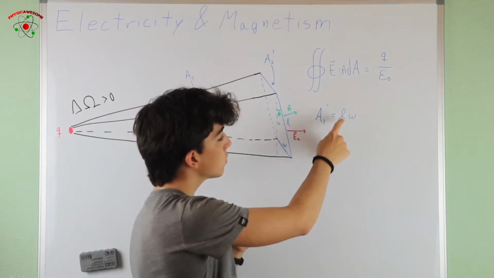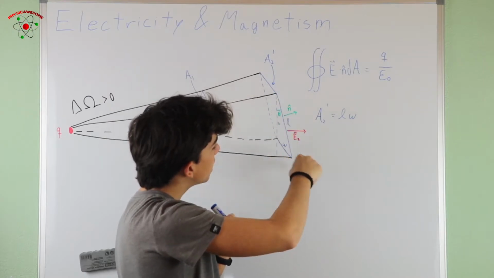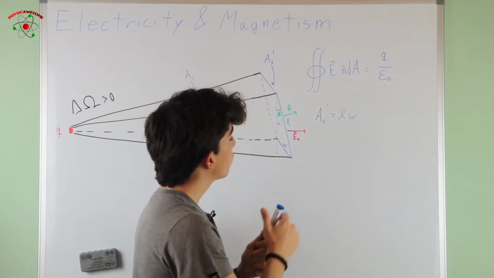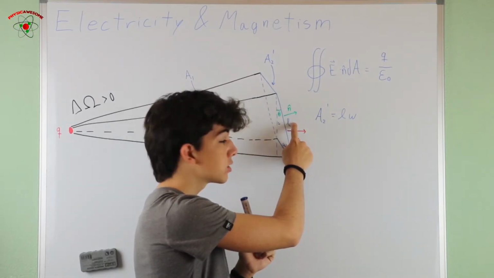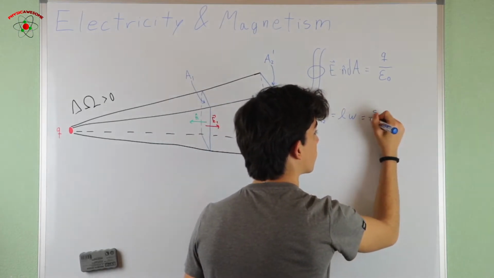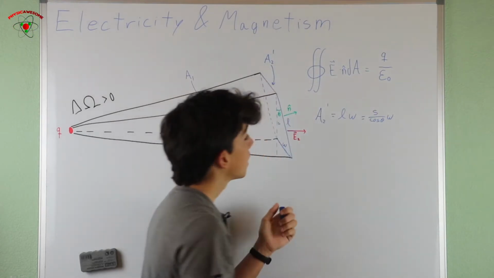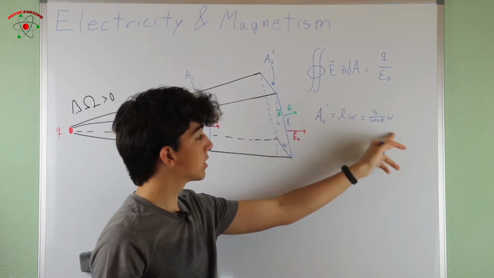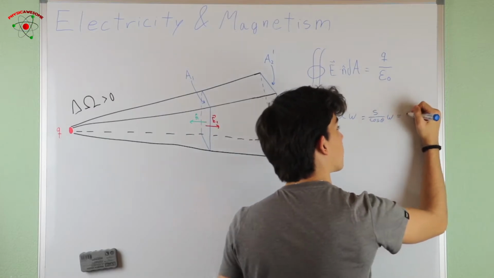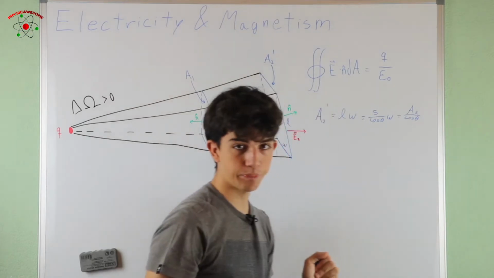To do so, we would like to relate L with S. We can see we have a 90-degree triangle over here, and we can express L, which is the hypotenuse, in terms of S as S over cosine theta times W. And we also know that S times W is our old A2 surface. So we have A2 prime equals A2 over cosine theta.